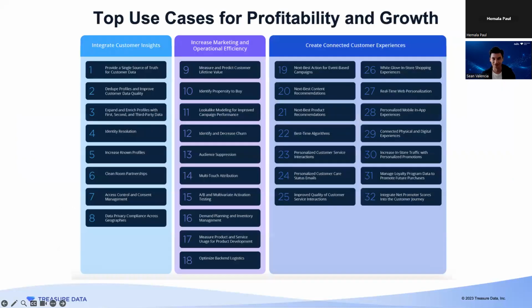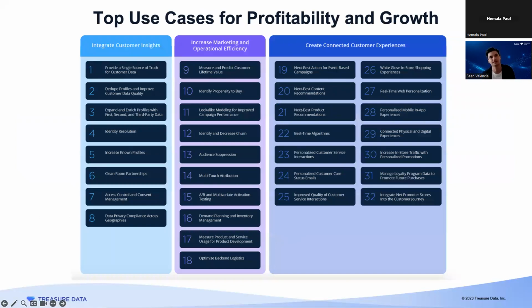Now you might say, okay, this is a lot on this list right here. We're not going to go through all of these. We're going to pick out a few of these and talk about them. But these are some of the top use cases related to unification that we see. There are 32 of them here, but there are even more than this, and we can talk about more.